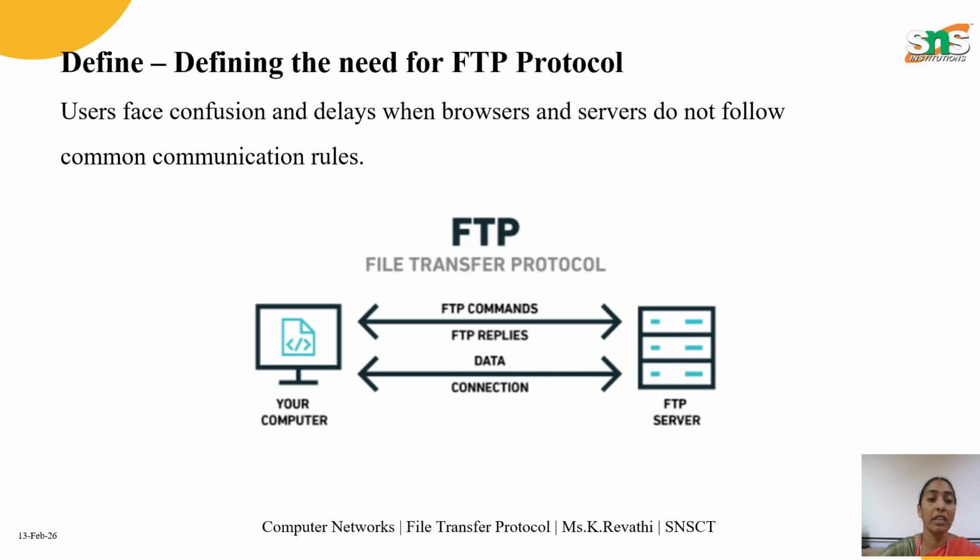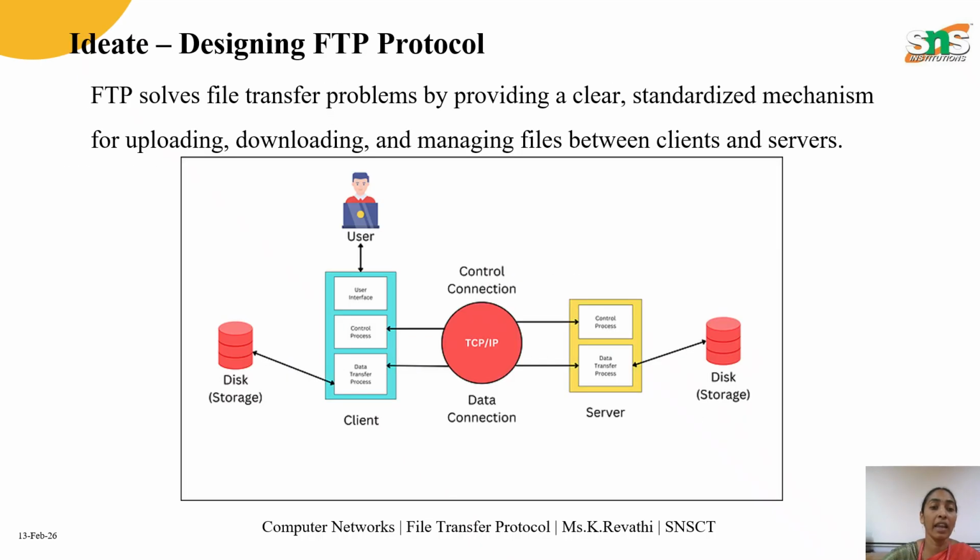The next phase of design thinking is the ideate phase. Here we can learn how we are designing FTP. How should FTP work? FTP is designed with two connections. The first one is the control connection and the next one is the data connection. The control connection is used for commands like login, upload and download of files.